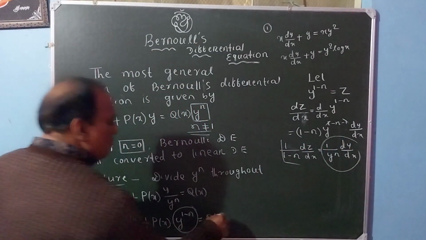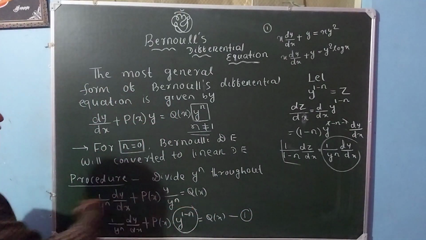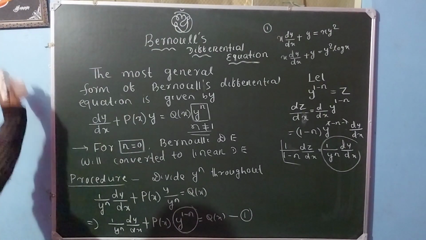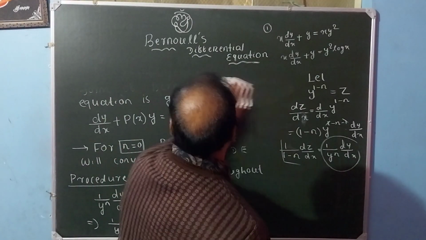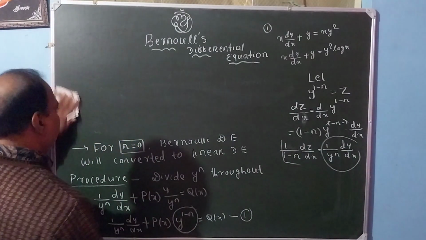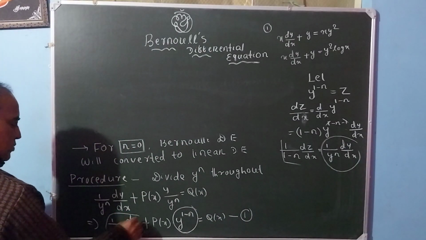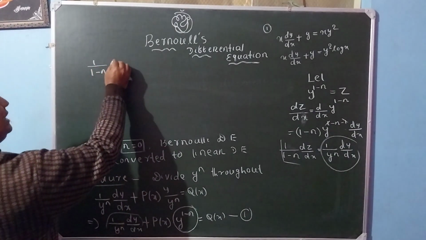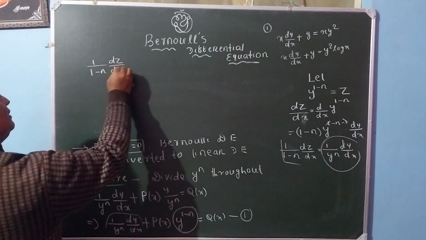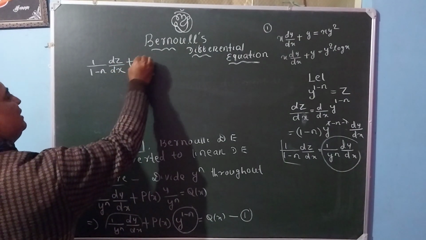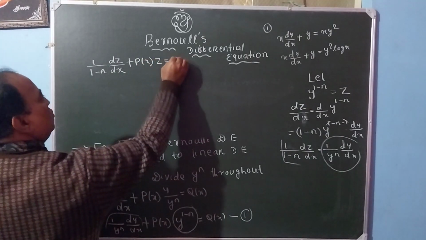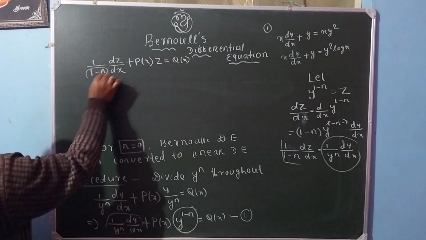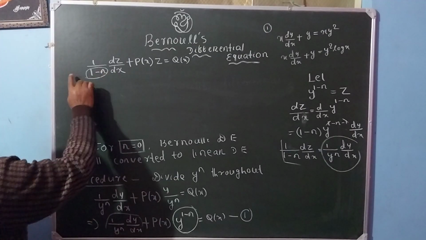So equation 1 becomes: 1 by (1 minus n) into dz/dx plus p(x) into z is equal to q(x). Here you see n is not equal to 1. If n is equal to 1, this is not valid.